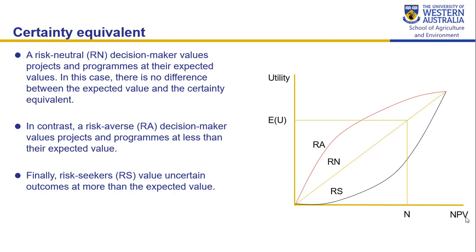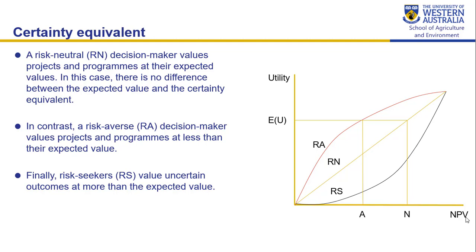Where it crosses the utility function line for a risk-averse decision maker, if we draw a vertical line, then we get our point A, which is the certainty equivalent value for a risk-averse decision maker.